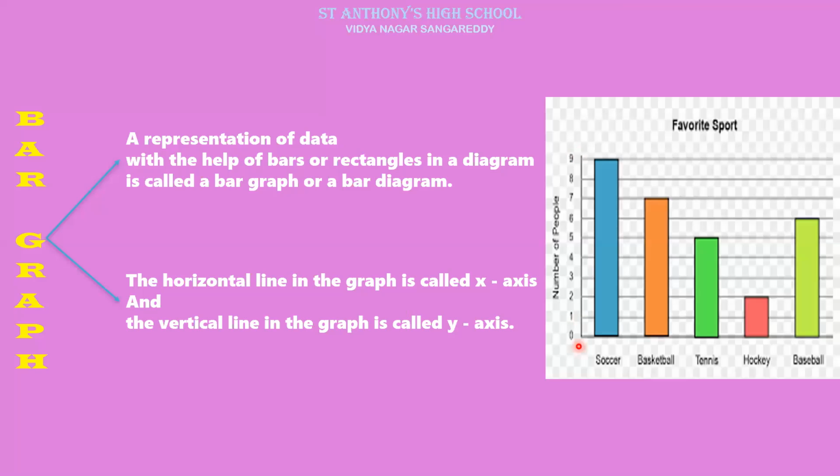So these two parts are there in the bar graph. These are the bars or rectangles. We can call them bars or rectangles. So this is the representation of data in bar graphs.